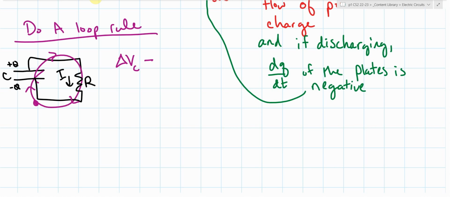This resistor, we are going through the same direction as current, so it would be minus, and then the delta V across the resistor should be I times R. Okay, and then I'm done. Equals 0. Now, the delta V of a capacitor can be replaced by the charge on the capacitor divided by capacitance. So now this equation looks like this.